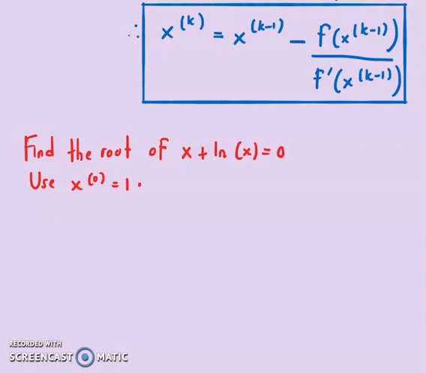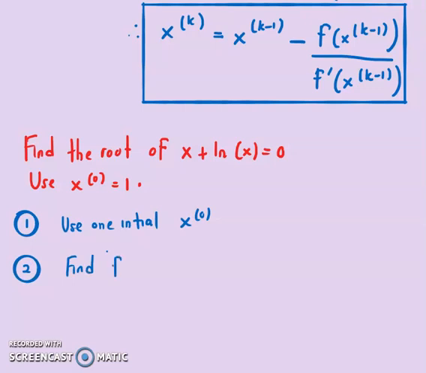Okay, so the idea is pretty simple. The first step is, we need one initial value, so this is my x0. And then the second step will be, we need to find the derivative f prime of x_{k-1}, another way my x0, and f of x_{k-1}, the derivative and the function.